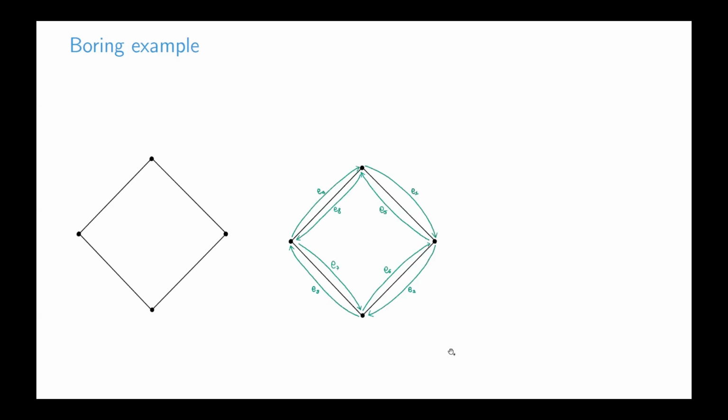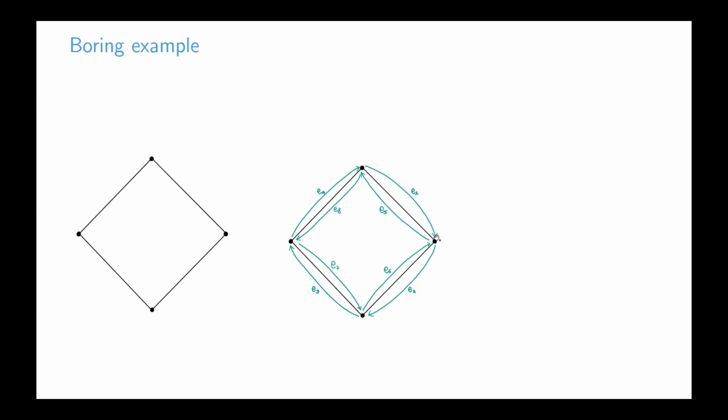Okay, so let's start with two examples, which I think give better the idea of what's going on behind this definition. So first of all, boring example, we just take a cycle graph. Okay, so first thing we need to do to construct the non-backtracking graph is to fix an orientation for each edge, okay?